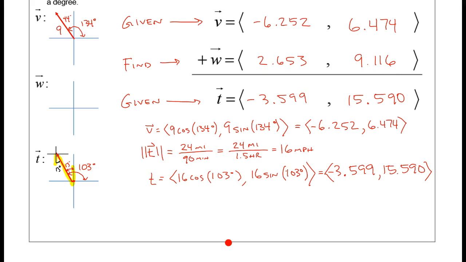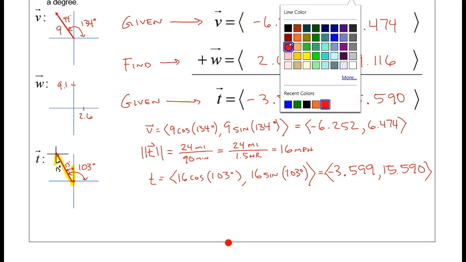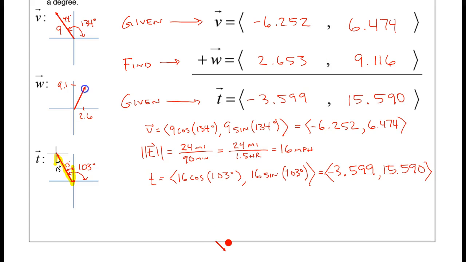Let's just really quickly sketch this out. We're going to have in our little template here for the water current, it's going to have a horizontal component of 2.6, a vertical component of positive 9.1. That vector is going to look like this. And that's the angle right there.